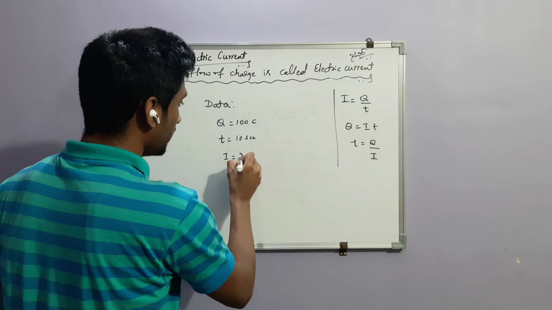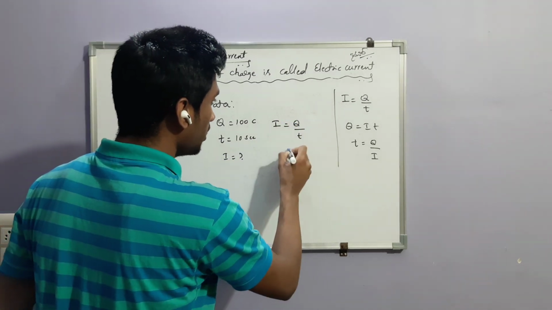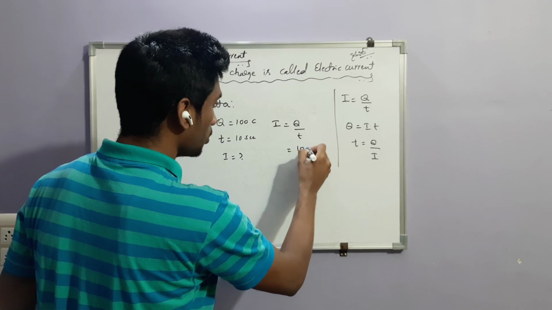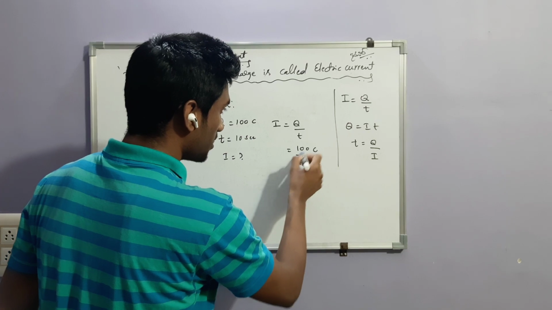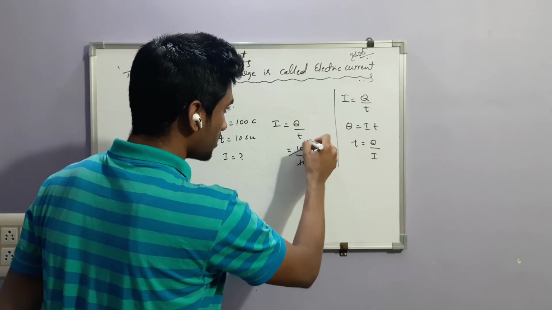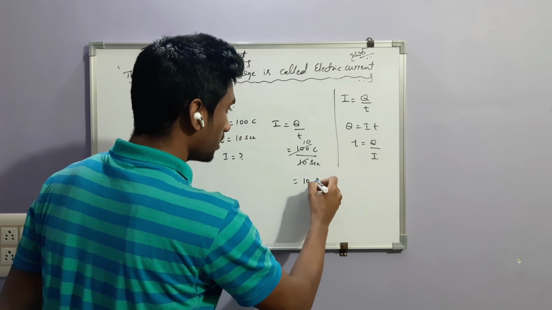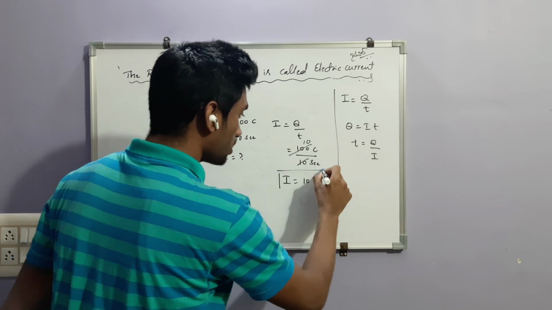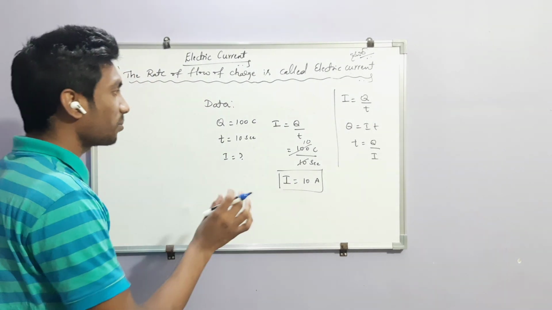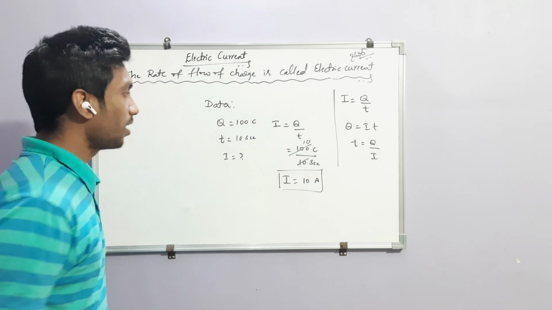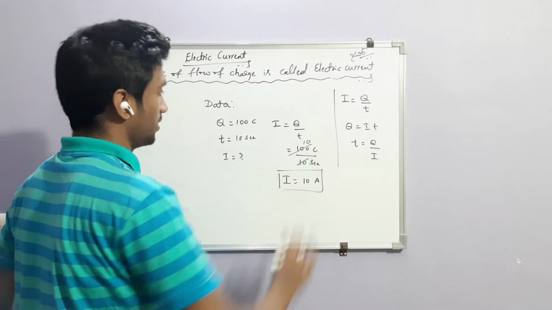Here you should calculate I. First you should write the formula: I is equal to Q by T. Substitute Q as 100 coulomb and time as 10 seconds. 10 ones are 10, 10 tens are 100. So the answer is 10 coulomb per second, or 10 amperes. This is how to calculate the current in a conductor or wire, when the charge flowing is 100 coulomb and the time taken is 10 seconds.